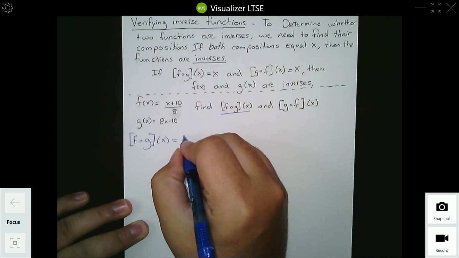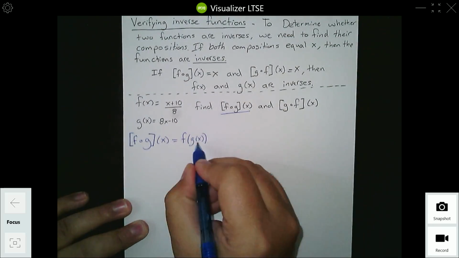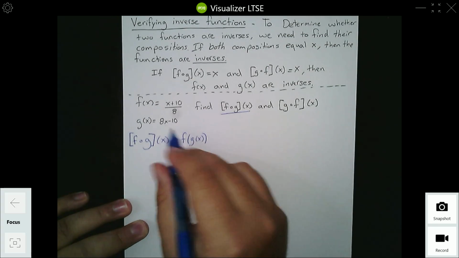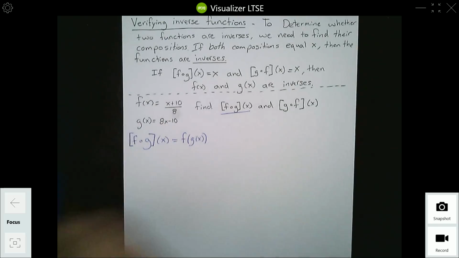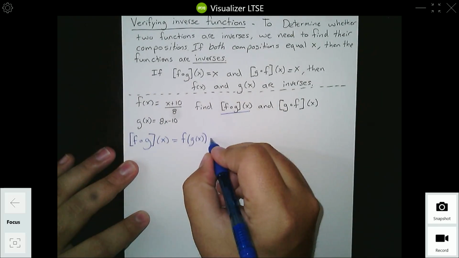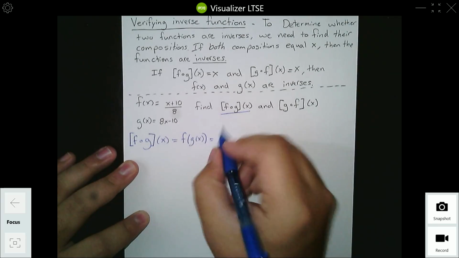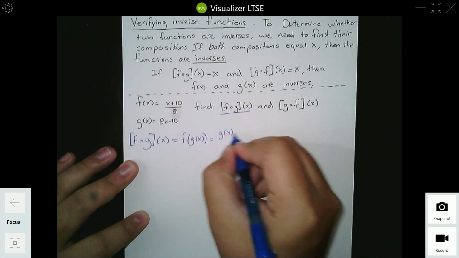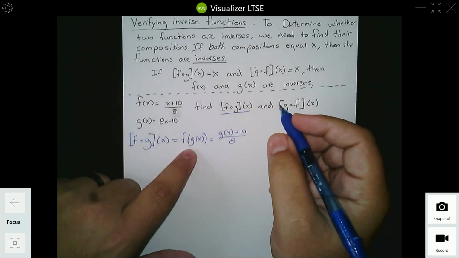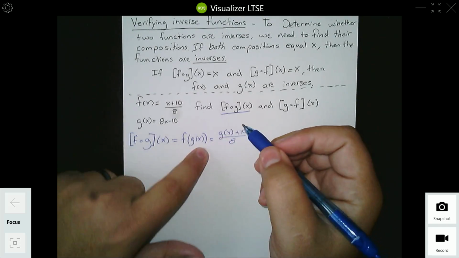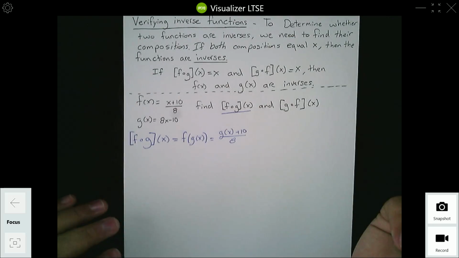We take whatever g of x is, and we plug it into whatever the function for f of x is. So that should look like g of x plus 10 divided by 8. We're just taking whatever g of x is, and plugging it in for all x values of f of x. That's where we're at this point in time.